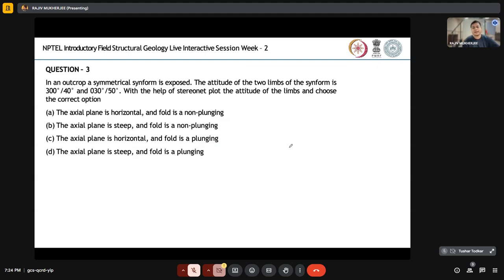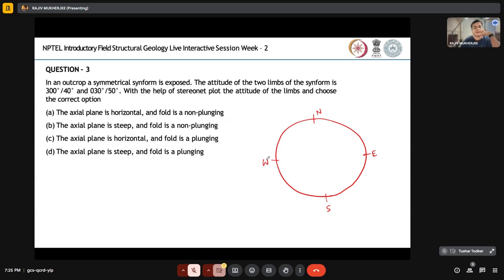With the help of a stereonet, plot the attitude of the limbs and choose the correct option.